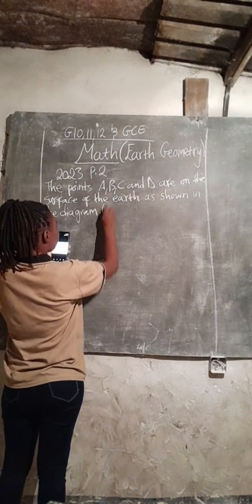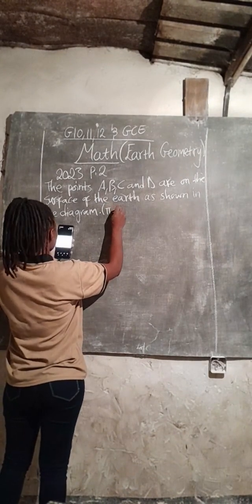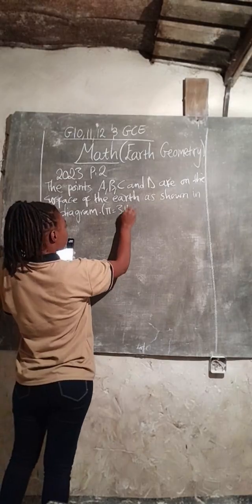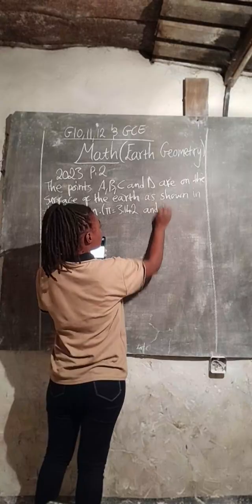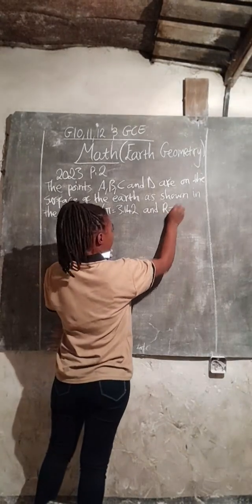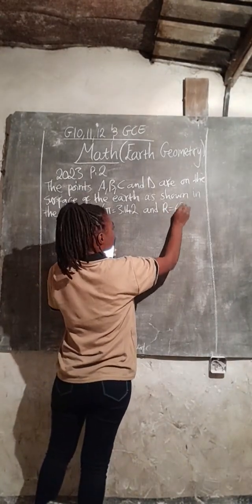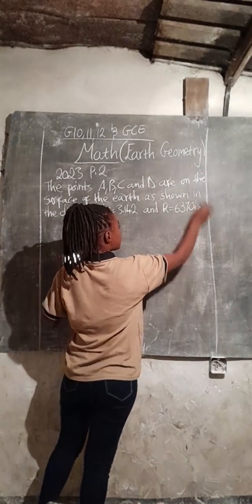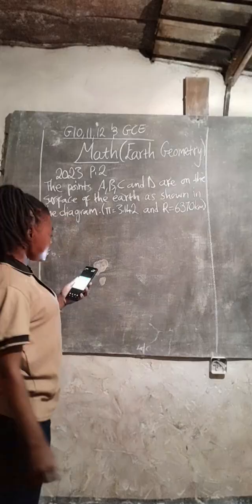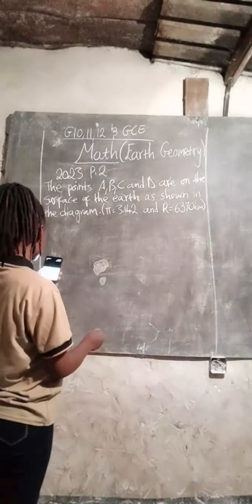Then we're saying take pi to be equal to 3.142 and the radius to be equal to 6370 kilometers.